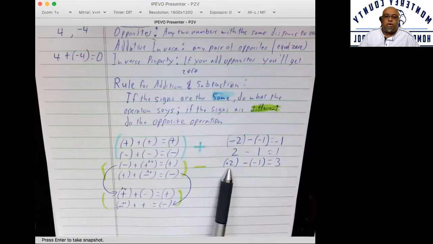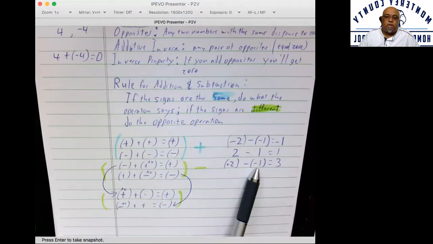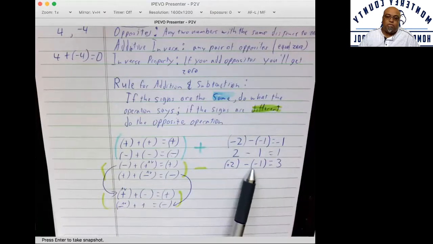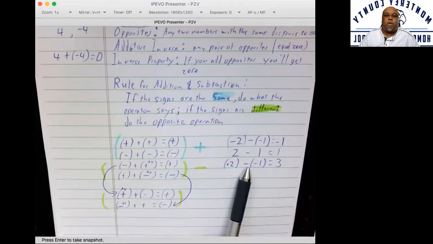I have $2. I owe my friend another $1. Okay, I literally borrowed $1. So this negative sign here means owe. That means it's money that I have to give back. Okay, the $1 that I owe my friend is still at home. Subtract also means take away.